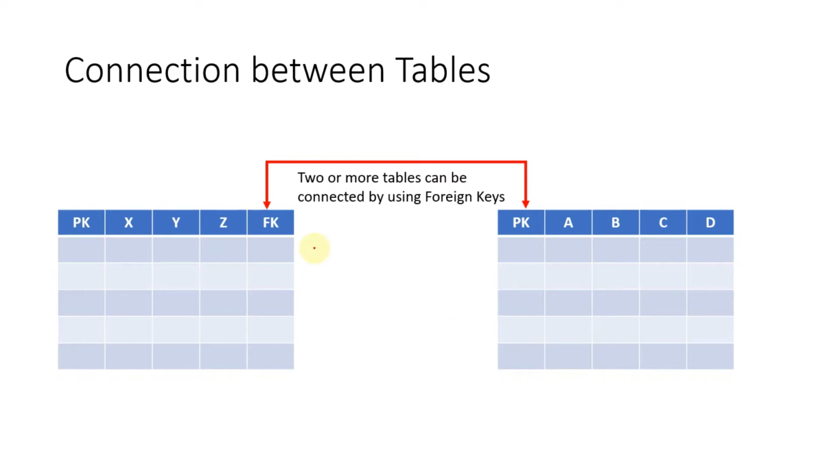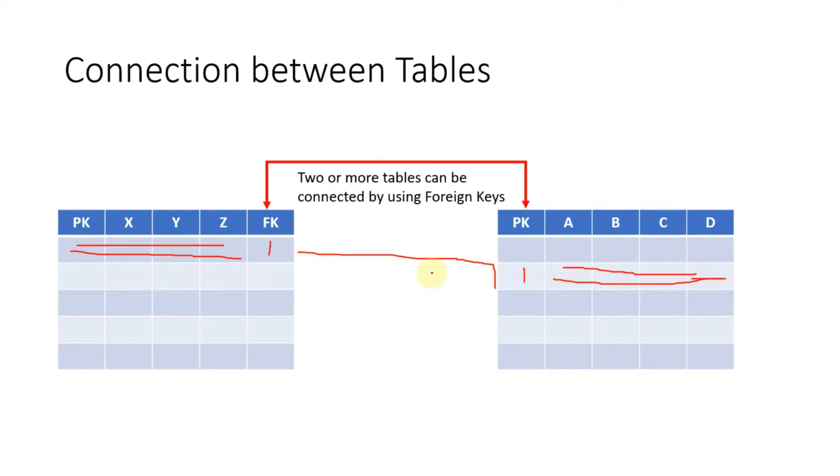We use primary keys and foreign keys for connecting two or more tables. The connection is made in this way: here we have a value in the foreign key, let's say 1, and in the second table this value exists somewhere, let's say here 1. So this whole record will be associated with this record. In this way we can connect multiple tables.